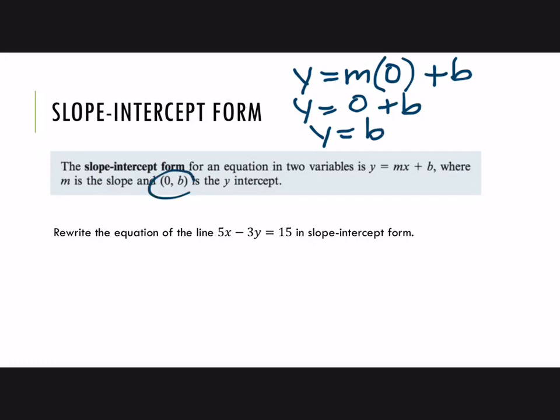So the y-intercept is just whatever that last number is, the b. I like to think of it as b for begin, so that's helpful as kind of like a starting point on a graph, the y-intercept. And then m for move, that tells you like a rate of change or a slope or a steepness or how to get from one point to another point.